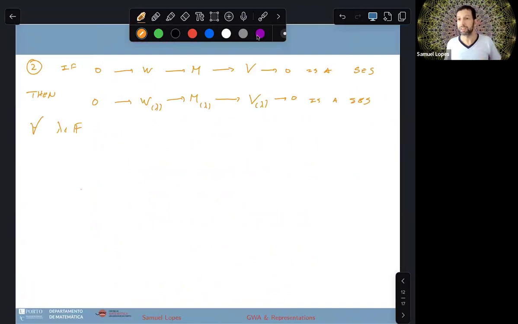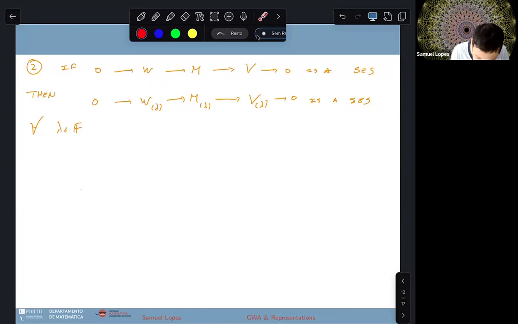Okay. Next thing is very simple. For those of you not familiar with it, I just need to remind you what a short exact sequence means. It's just a sequence of maps. There's only one possible map from 0 to M, the 0 map. There's only one possible map from V to 0, the 0 map.